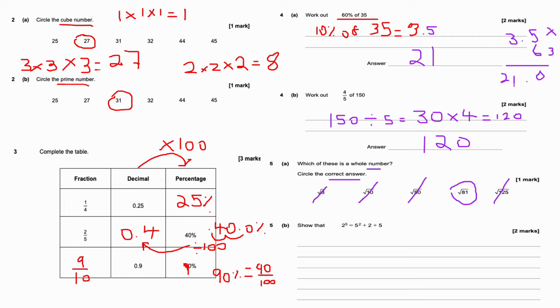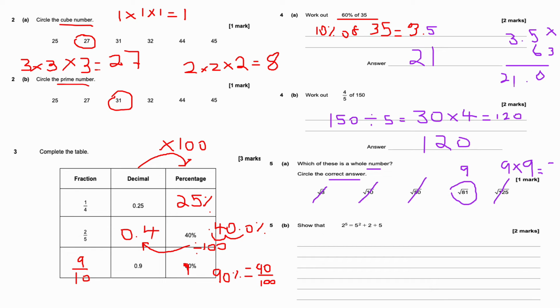What I mean by a surd, guys, is it gives me a decimal answer that goes on forever. The square root of 81 we should know is 9, because 81 is a square number. 9 times 9, or 9 squared, or 9 to the power of 2, gives me 81.